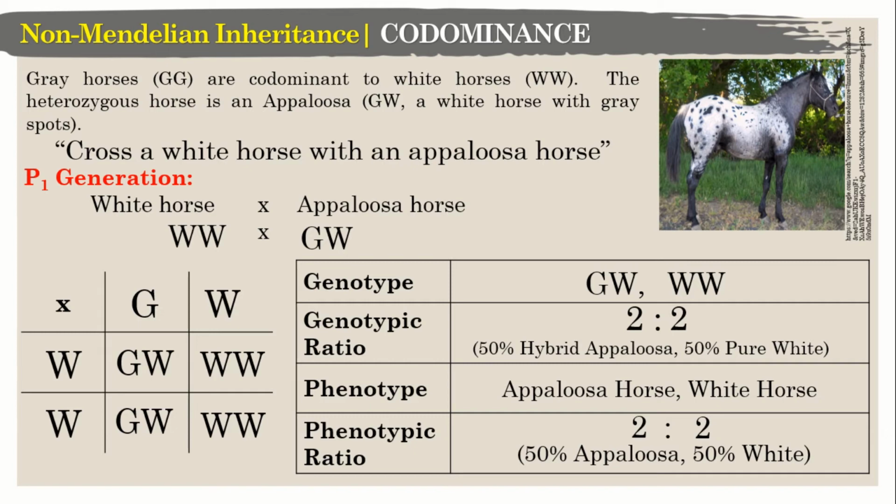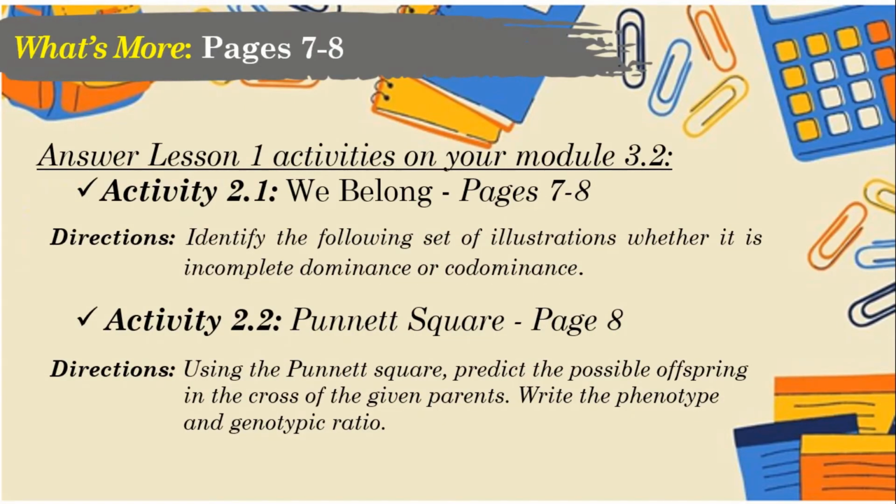Both of the traits are expressed, or both of the genes are expressed in one organism. Unlike incomplete dominance, where there is blending and a formation of a new trait. Okay. So you can now answer your activities under your lesson 1, pages 7 to 8, wherein you simply identify the following set of pictures or illustrations, whether it is incomplete or codominant.